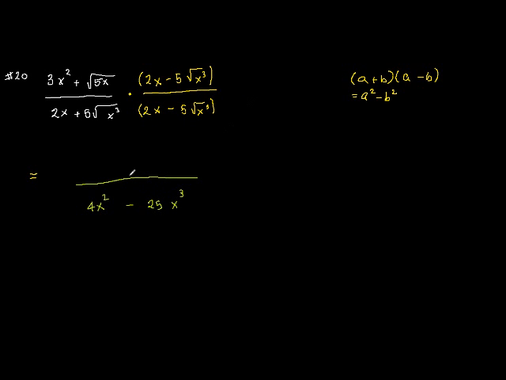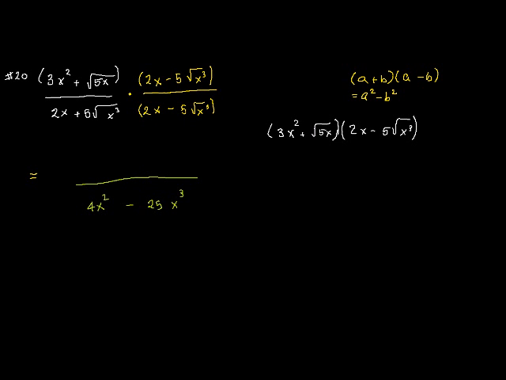Unfortunately, we do have square roots in the top, and what we're going to have to do now is FOIL these two numerators with each other to find out what is on the top here on the numerator. So let's rewrite this over here. We have 3x squared plus square root of 5x, that's being multiplied to 2x minus 5 square root of x cubed.